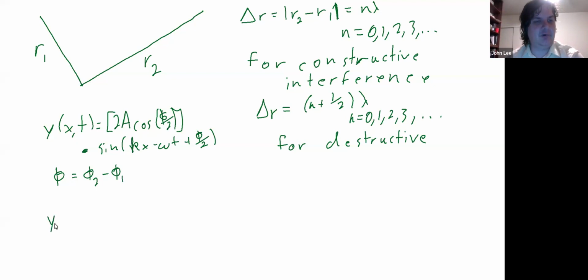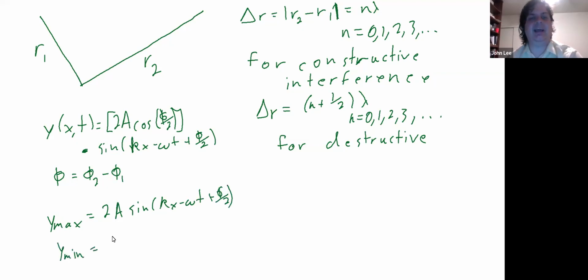So y max equals 2a sine kx minus omega t plus phi over 2, and then y min is going to be, and I'm talking about the absolute value of y min, the minimum value of the absolute value of y, because cosine goes from -1 to 1.